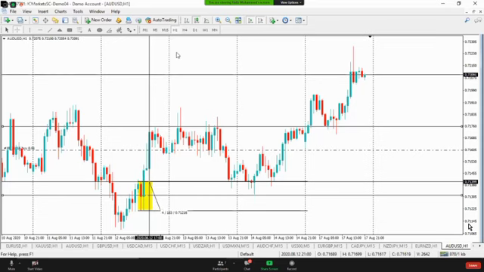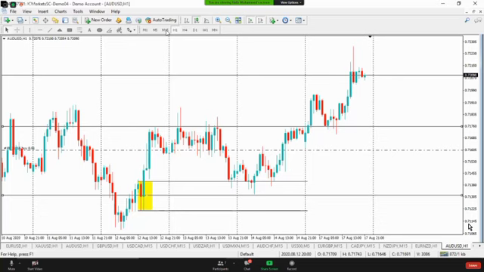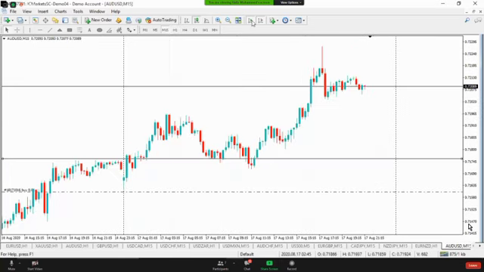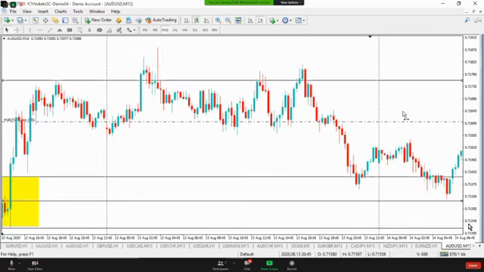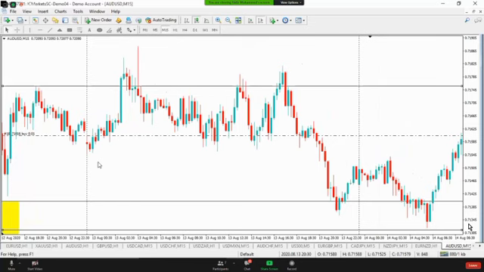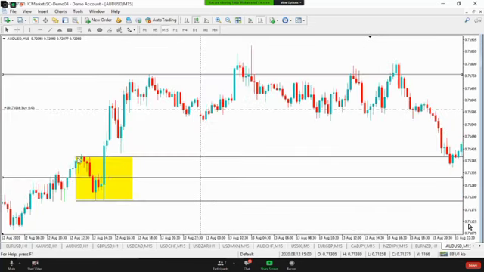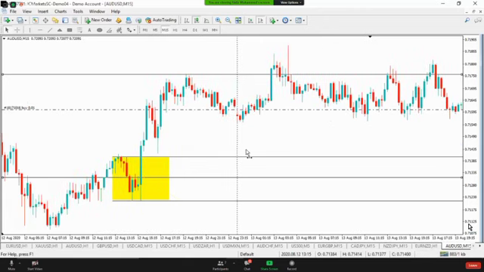So let's see if at all we can reduce the risk. Where is the imbalance? It's right here.